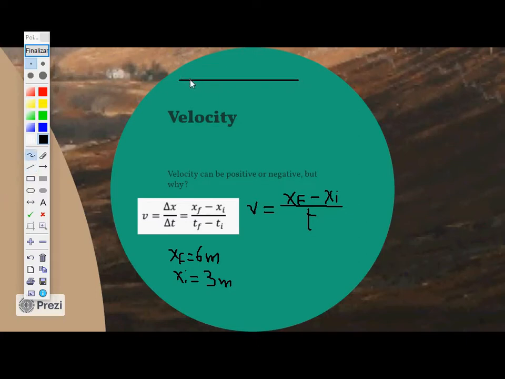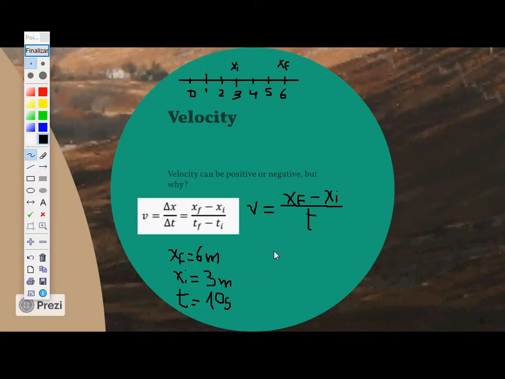There we will see 0, 1, 2, 3, and so on, 4, 5, and 6. So here we have our final position, our initial position, and let's suppose that it took us perhaps let's say 10 seconds to move in that way.